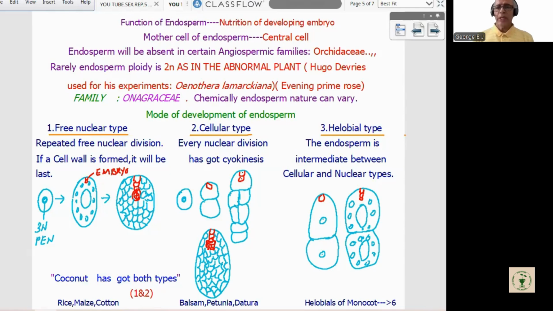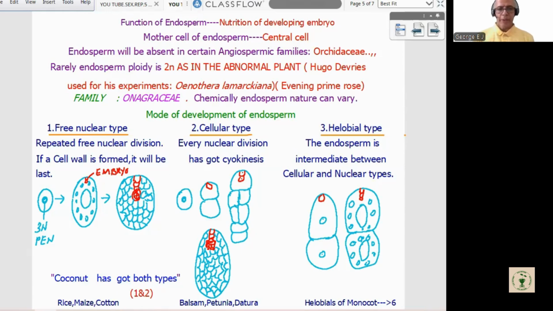Now, third is helobial type. Helobial type is originally not for us, but just for completion of the 3 types, I am just mentioning it. Endosperm development is intermediate between cellular and nuclear type. It is not in the syllabus, but just mentioned. The name helobial came because it belongs to helobials of monocots.